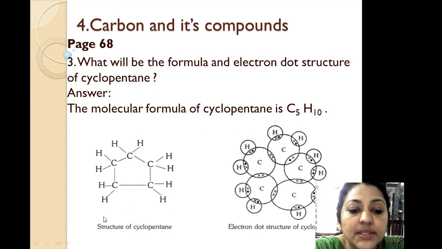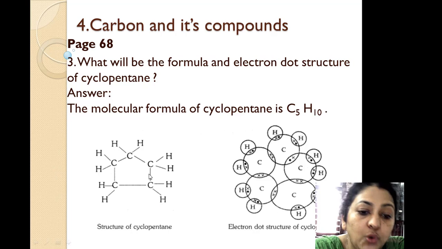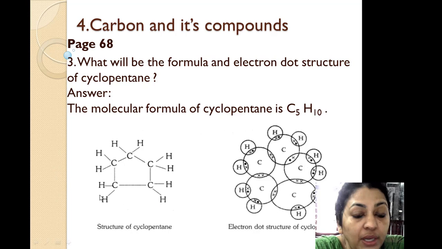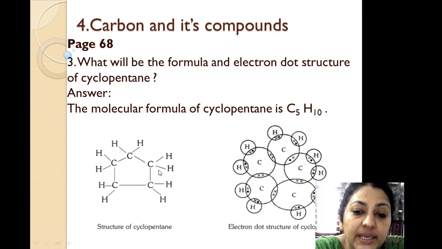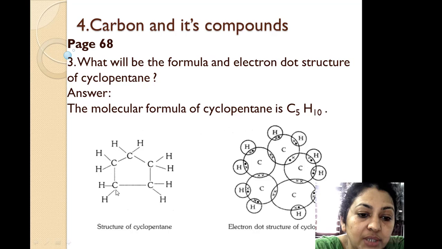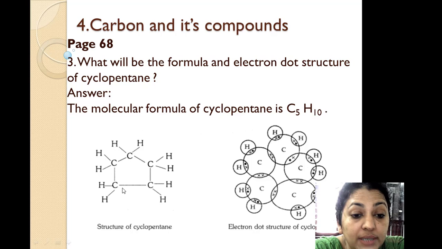Now, this is the structure of cyclopentane. If you draw the structure of any organic compound, you can draw the electron dot diagram very easily. Each carbon atom has 4 valencies, that we know. Two of them are bonding with adjacent carbon atoms and two are making covalent bonds with hydrogen atoms.